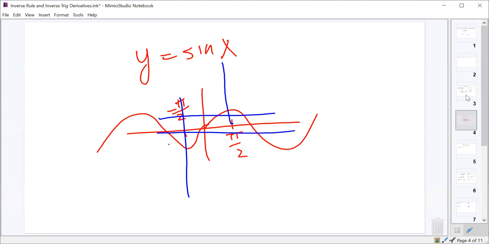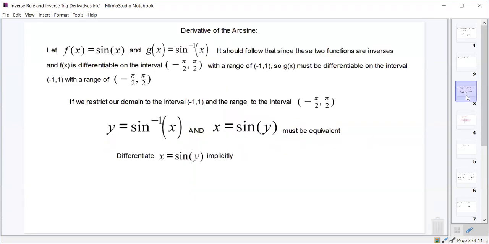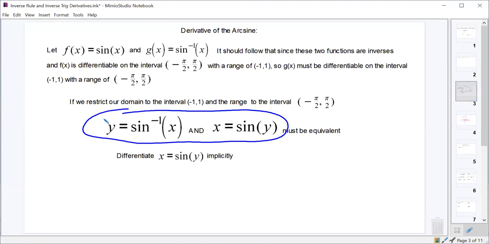So that's what all this stuff up here was saying, that to get the inverse sine function, we just have to restrict the sine function to -π/2 to π/2 and then take the inverse of it. And once we have an inverse sine function, we should know that this relationship is true. That y equals the inverse sine of x is the same as x equals sine y.